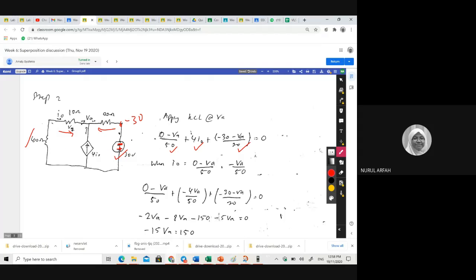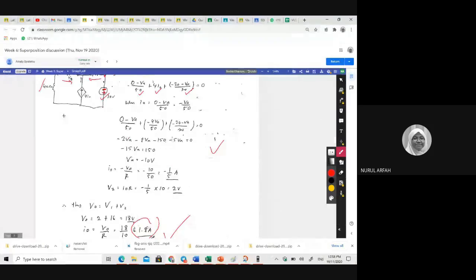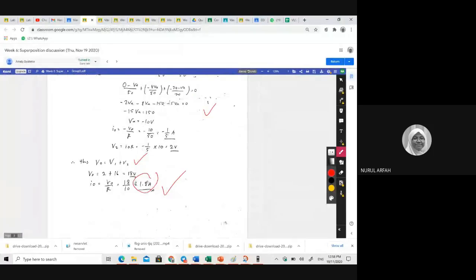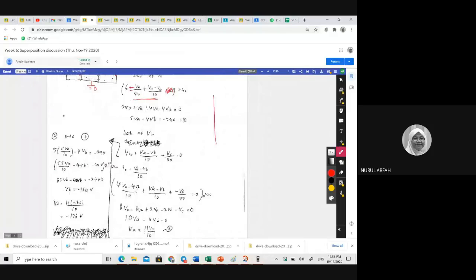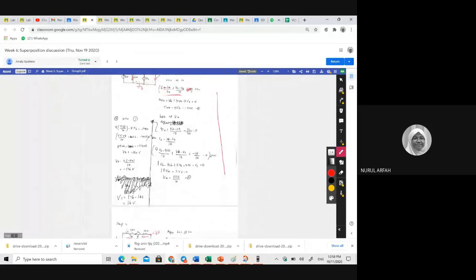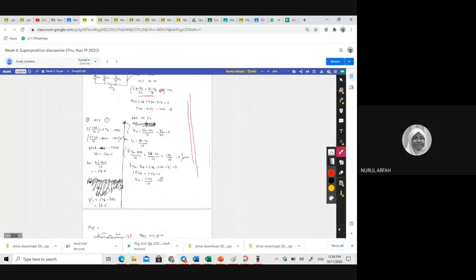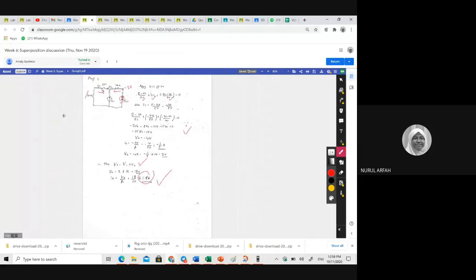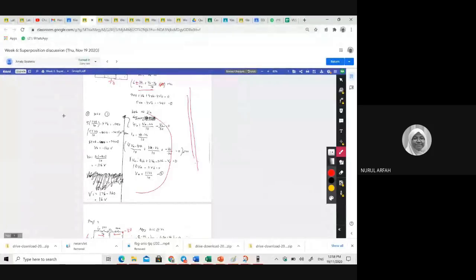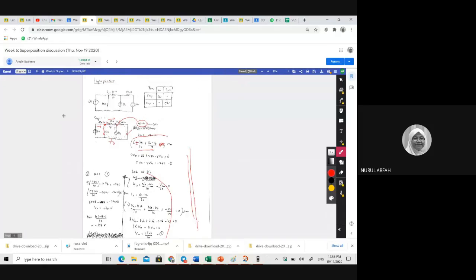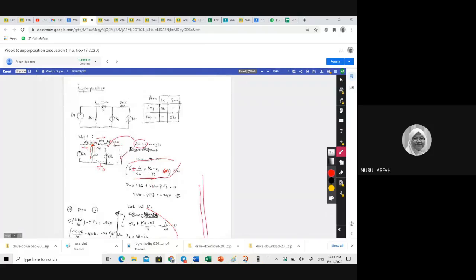Maybe this is correct. This is also correct. And then hopefully this part, you have it right here, and then you can get the answer as what you have here. Okay, so recheck your answer here, because this equation is wrong, right? Okay. All right. Very good.